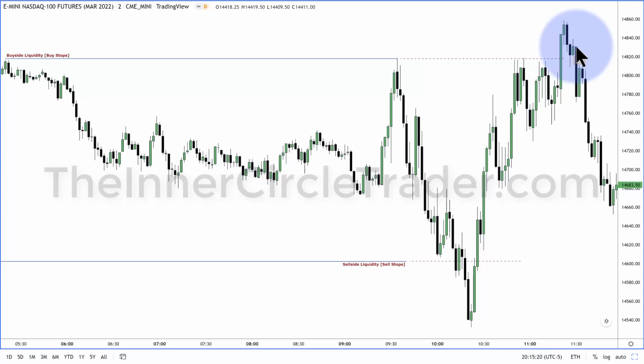Okay? Looking at this further, we're going to look at the logic in here. And I want you to think about after this forms and you see that as your choice setup or entry. If it starts to move lower, you can still get in it. There's no reason to think that you can't get in it here or in here.